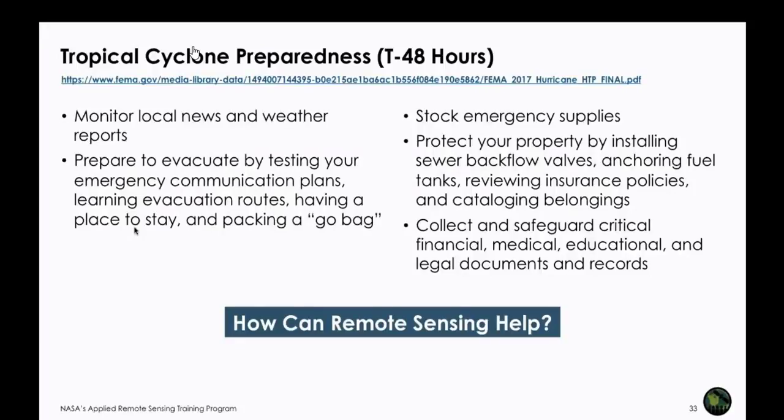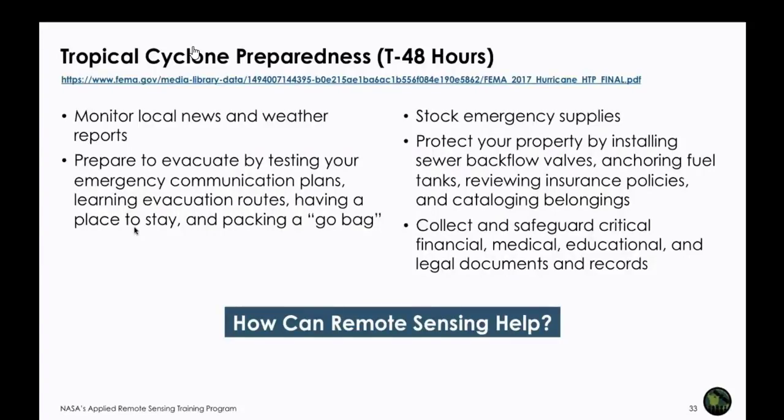It's not just that you have already done mitigation based on data. Here now, you already have a storm that originated. So what needs to be done is monitor this storm. Where is it moving? So of course, you start with your local news and weather reports, but can remote sensing help? That's what we want to see next.